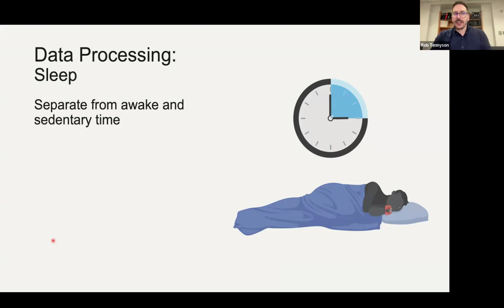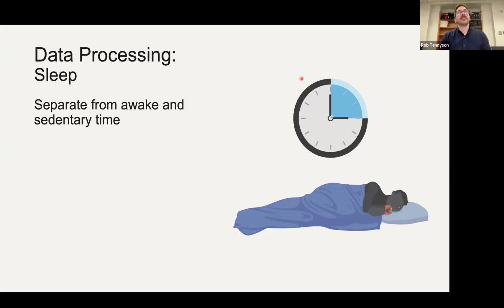The very basic thing is that you need to separate sleep from awake and sedentary time, because there will be times when you want to know if someone is engaging in sedentary behavior, so they're awake but perhaps just not that active, versus when someone is sleeping, because either one might give you a better denominator upon which to see what proportion of the day someone is engaging in that activity.